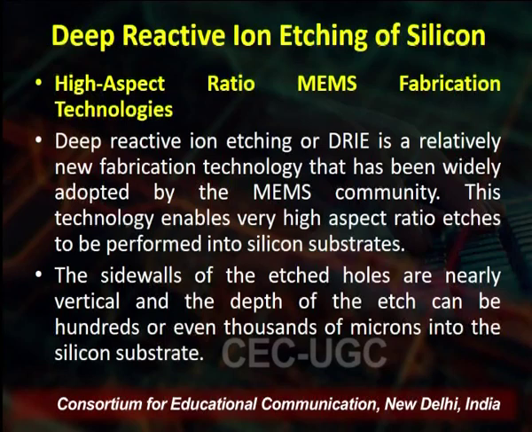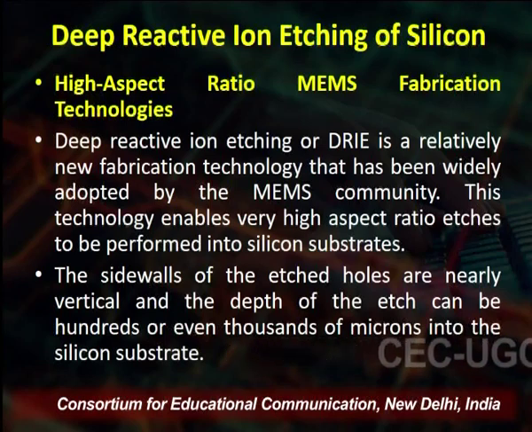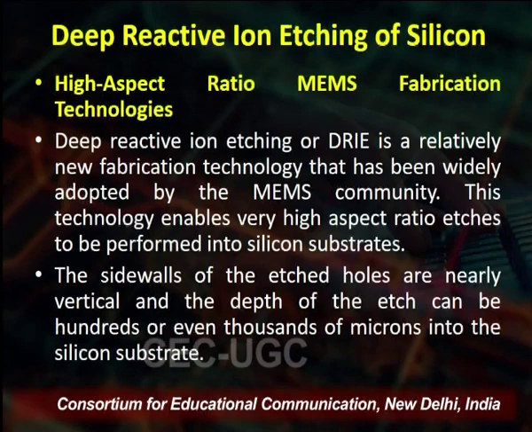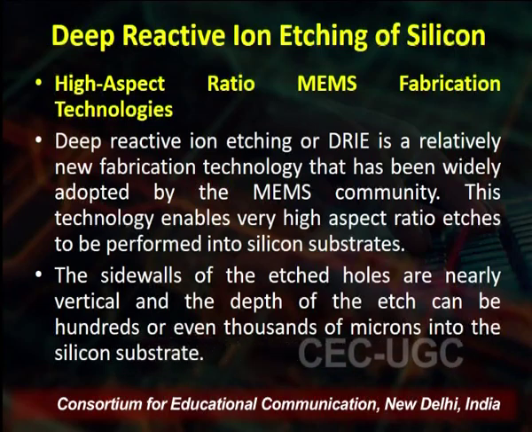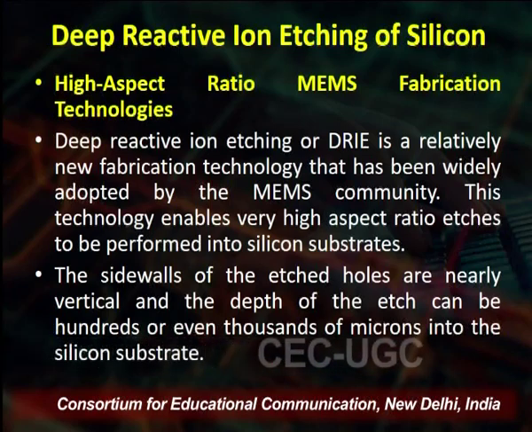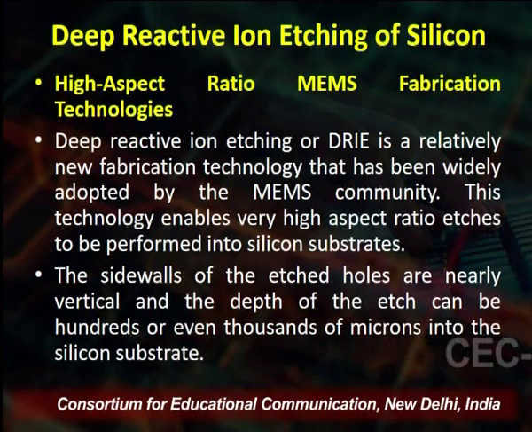The side walls of the etched holes are nearly vertical, and the depth of the etch can be hundreds or even thousands of microns into the silicon substrate. As we have seen in the previous LIGA technique where we prepared the gear, here also there is a large penetration and large etching.